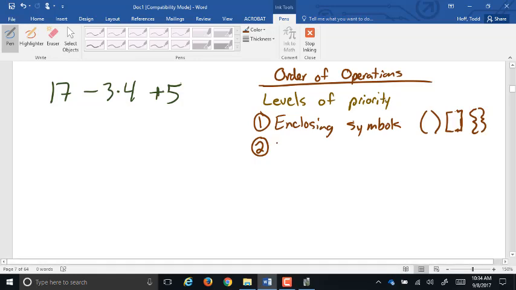The second level of priority is something called exponents. Exponents is actually a pair of operations, just like addition and subtraction is a pair, and multiplication and division go together. Exponents actually includes two operations. That's powers and roots.